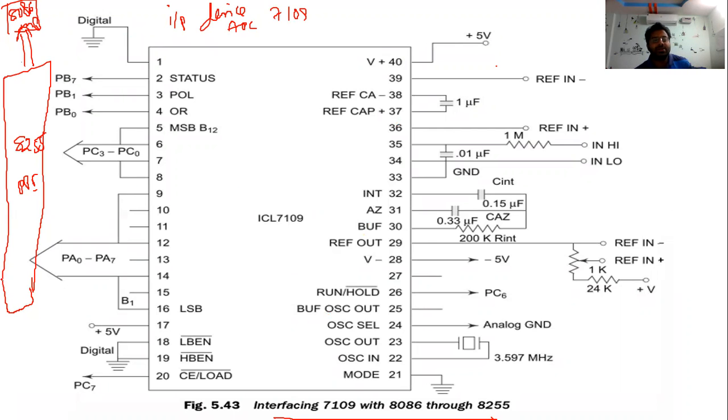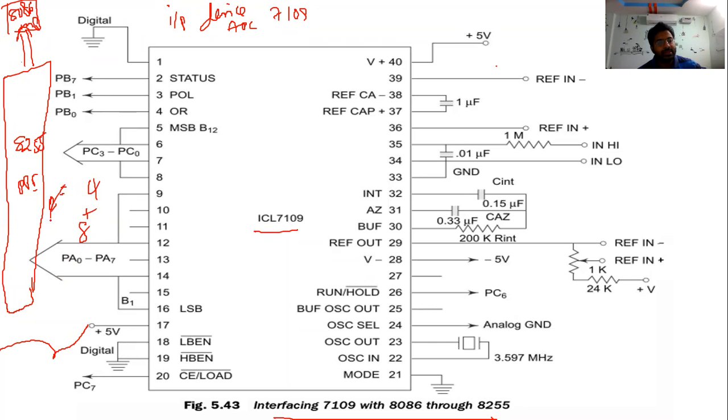Our intention here is how to interface this ICL 7109 ADC through this 8255 PPI. For this interfacing, you know this is a 12-bit converter. So 8 bits are used as port A, and the remaining bits are used as port C, since 8 plus 4 is equal to 12.